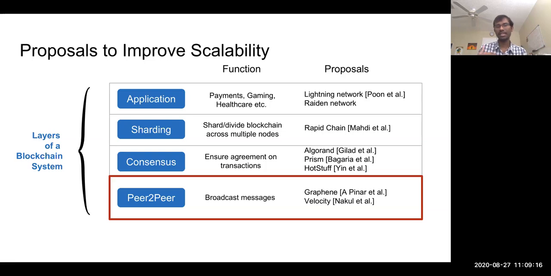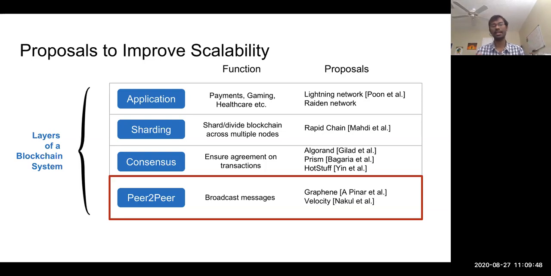And across each of these 4 layers, researchers have put forth proposals to improve scalability and efficiency. For example, in the peer-to-peer layer, there have been proposals to compress and code blocks to ensure that they spread very fast. There's been a huge amount of work in designing more efficient consensus protocols, and also a lot of work in sharding protocols.